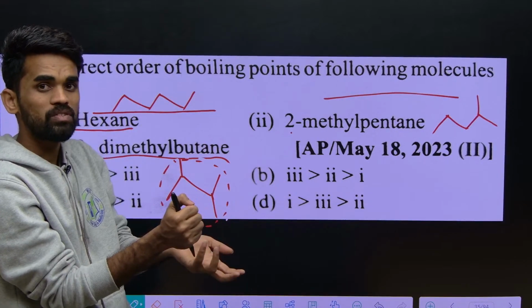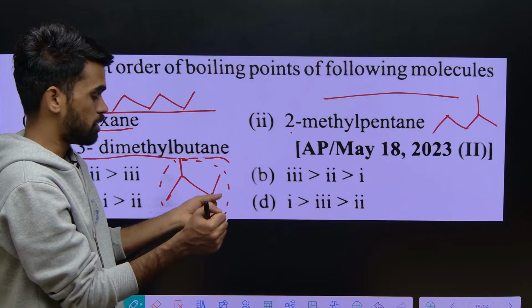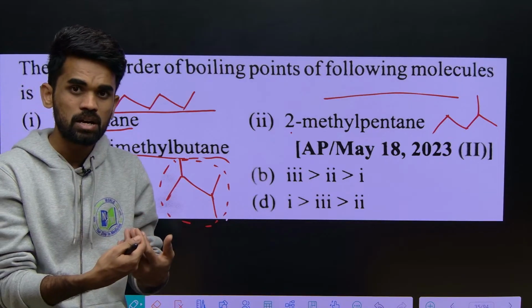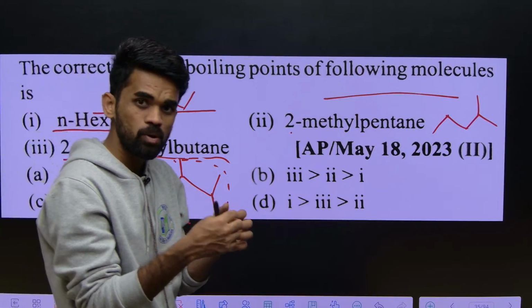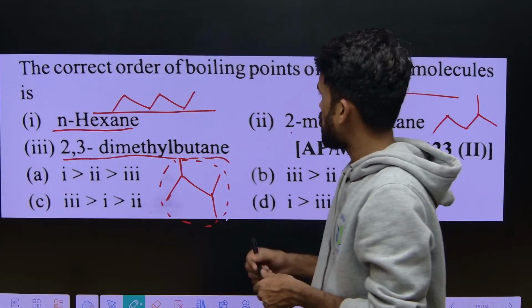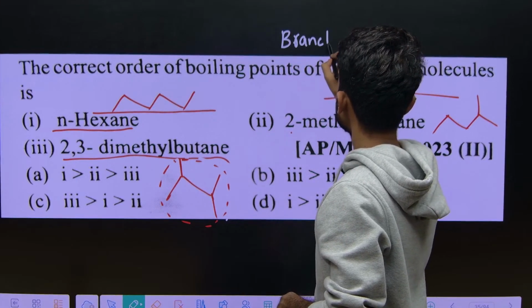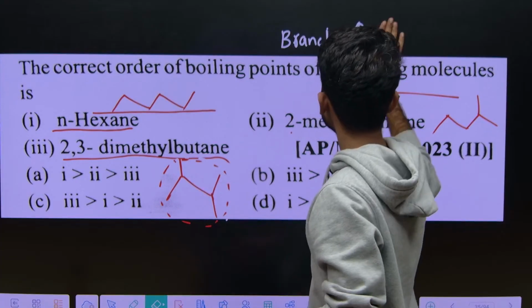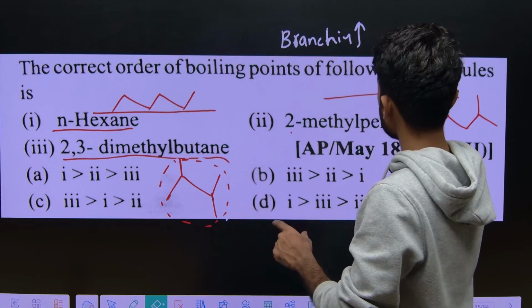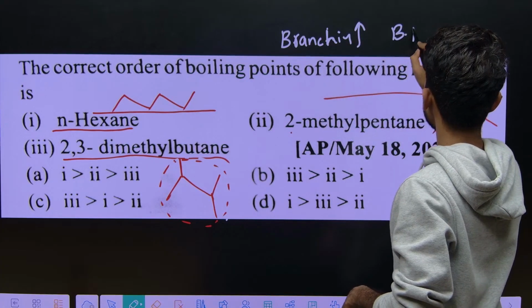So boiling point will decrease upon the surface area decreasing, or upon branching increasing. What I am saying is, if branching increases, boiling point decreases.